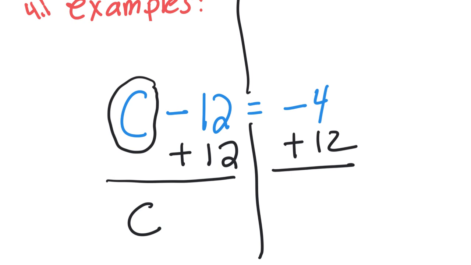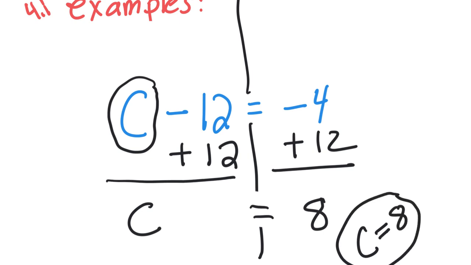And then the equals, negative 4 plus 12 is 8. Okay. So I'm thinking C equals 8. Now I'm going to check it. So I've shown all my steps.